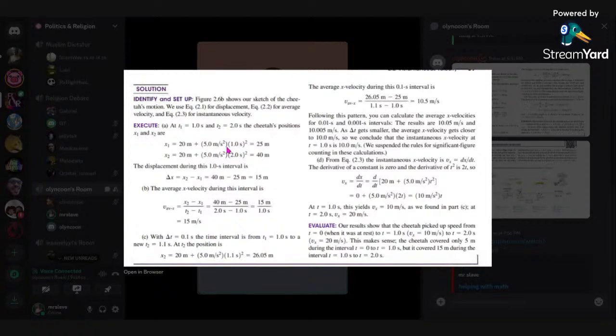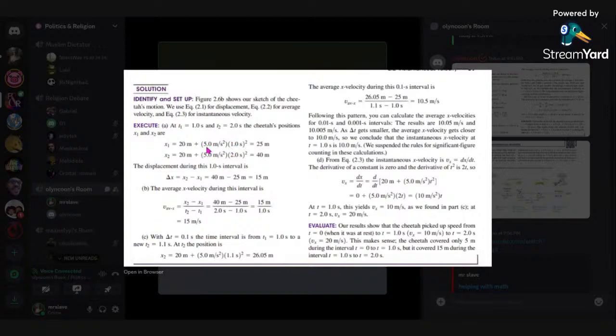The velocity is linear. The displacement is a curve, but the velocity is linear. The velocity grows linearly with time, for every second that passed.